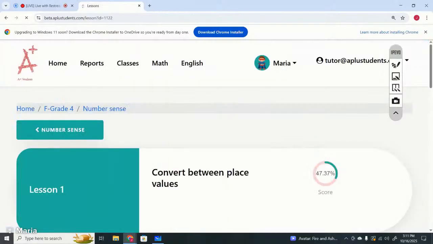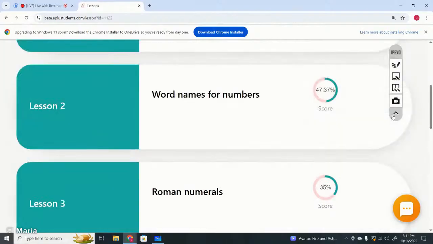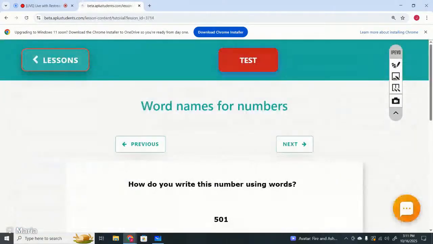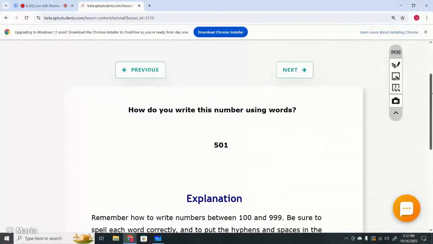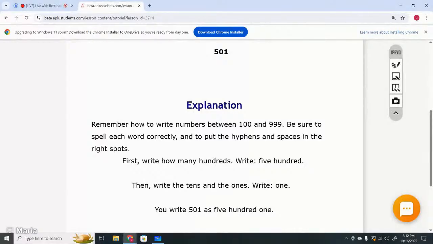The next lesson is word names for numbers. How do you write the number 501 using words? Basically, that's how we read the numbers, right? You can't read it like five zero one. You read it like five hundred one.